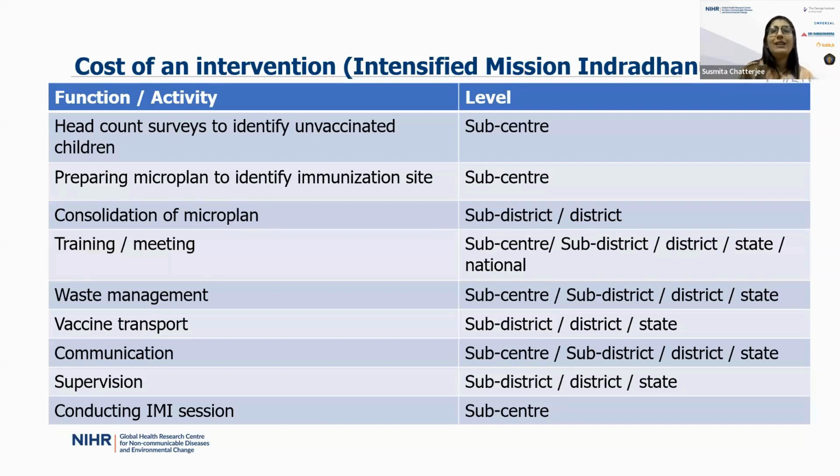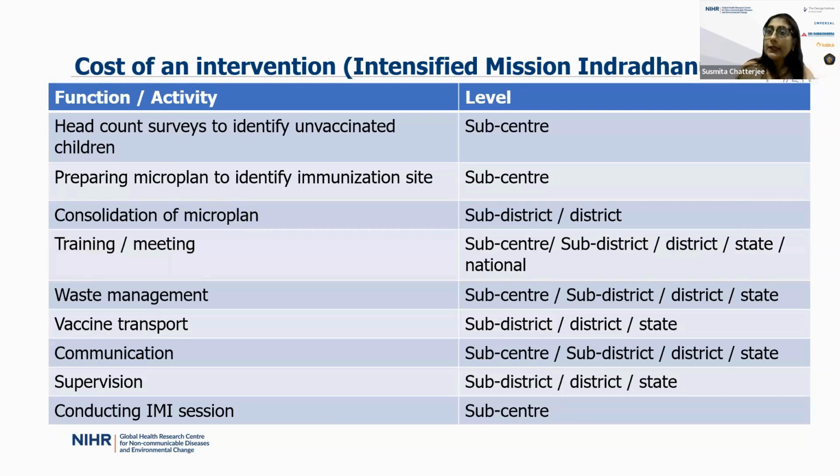So basically, that's why I gave this assignment today. You have to identify each and every activity and function related to your intervention, and you have to identify at which level these are happening. If you are doing an intervention under your project, you have to find out what the activities are and who is doing those activities.